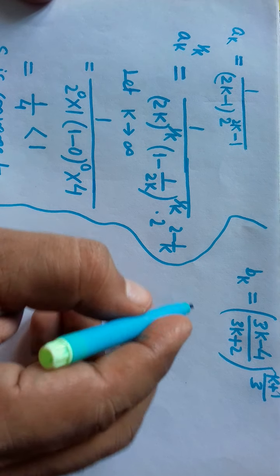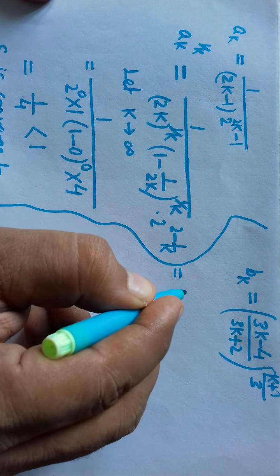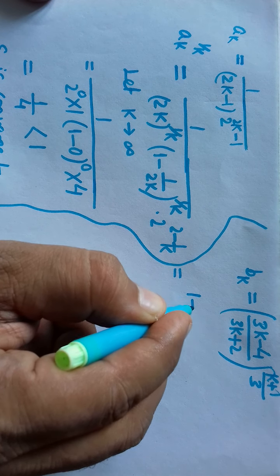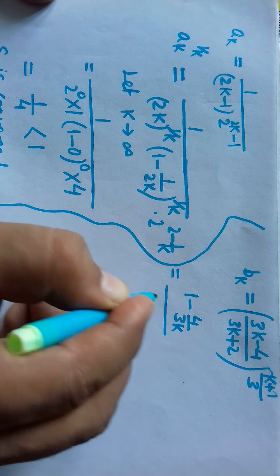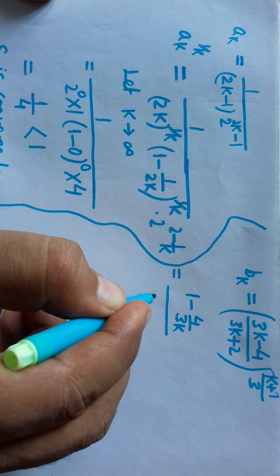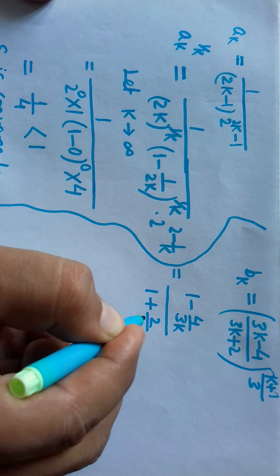So this can be changed as 1 minus 4 by 3k, by 1 plus 2 by 3k.